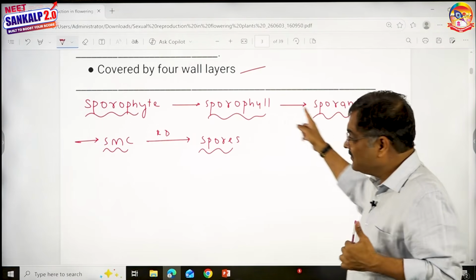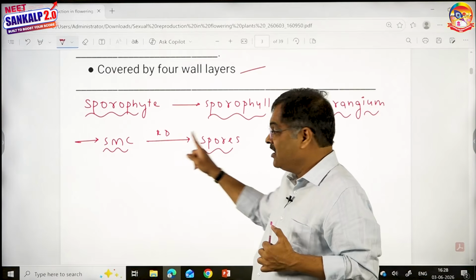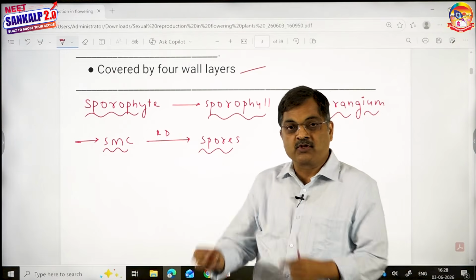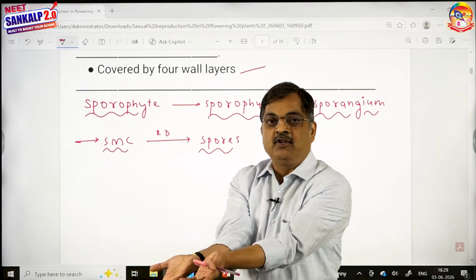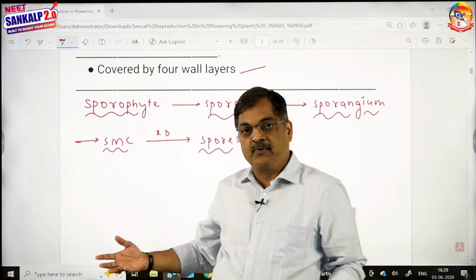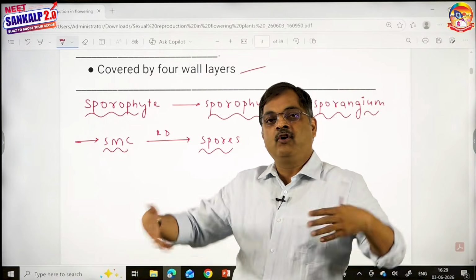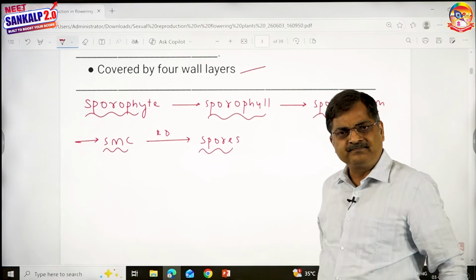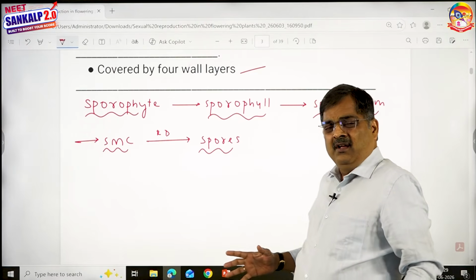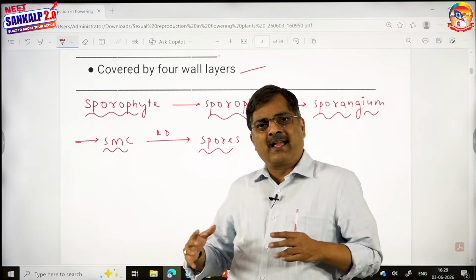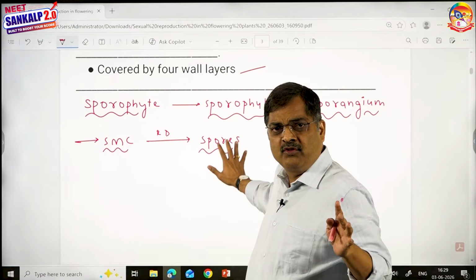They are bags which contain spore mother cells, which undergo reduction division to give rise to spores. Spores get liberated, they develop into a heart-shaped gametophyte called prothallus. They have antheridia and archegonia, which fuse to form zygote, embryo, and again sporophyte. Easy to remember. So that life cycle has become ridiculously simple after going through this table.